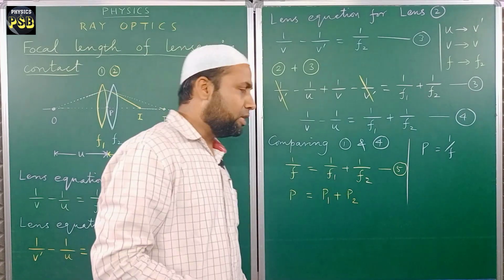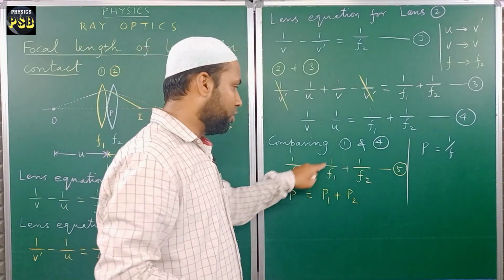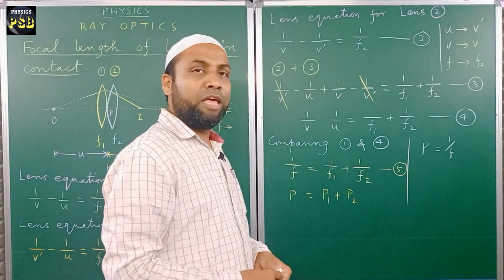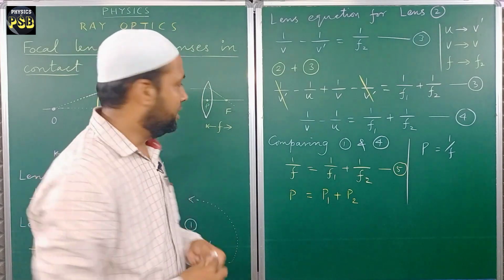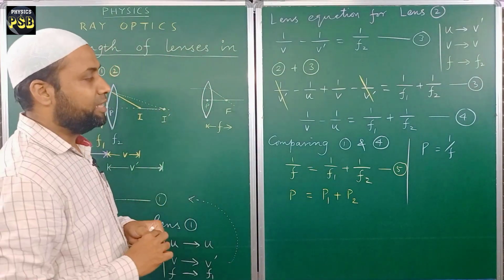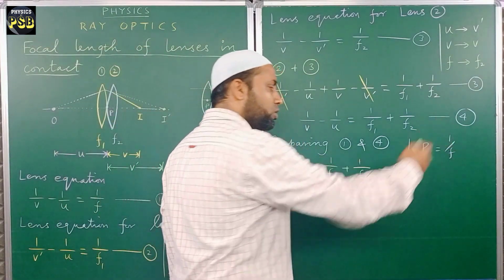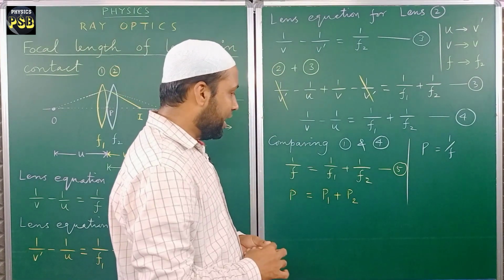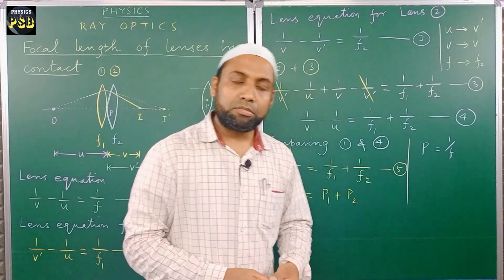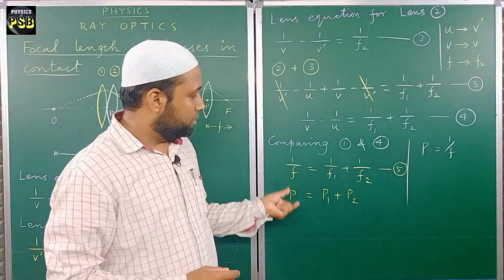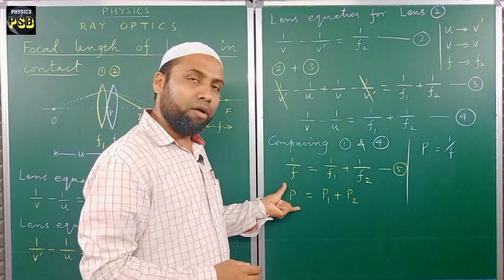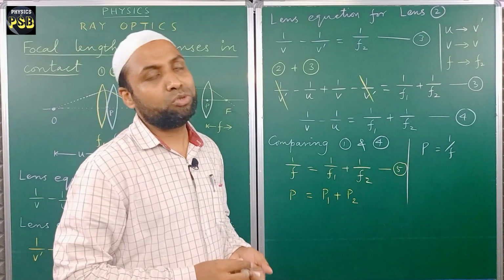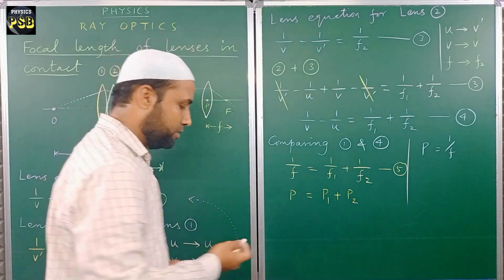If you have 3 lenses, then the equation will be something like this: 1 by f is equal to 1 by f1 plus 1 by f2 plus 1 by f3. If you have n number of lenses kept in contact, then this equation will go up to 1 upon fn. So this clearly shows that the power of all the lenses gets added up when they are placed close to each other. Understand?